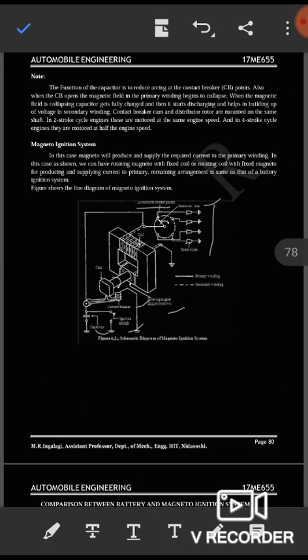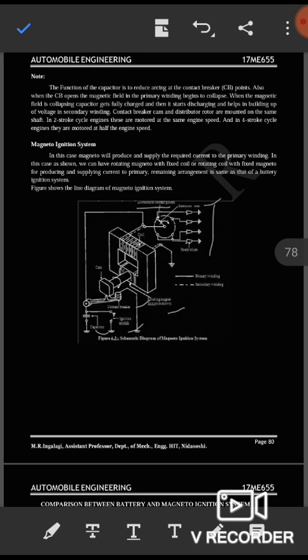In this case, the magneto will produce the required current and supply it to the primary winding. As shown, we can have a rotating magneto with a fixed coil, or a rotating coil with a fixed magneto, for producing and supplying current to the primary. The remaining arrangement is the same as that of the battery ignition system.